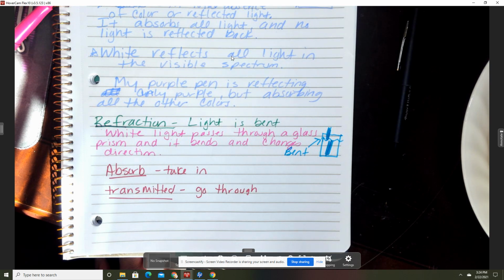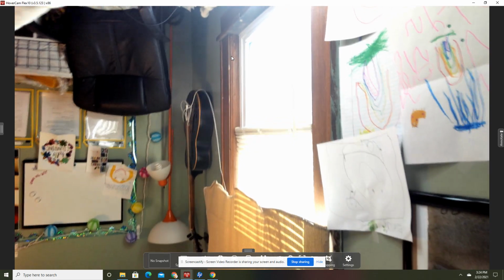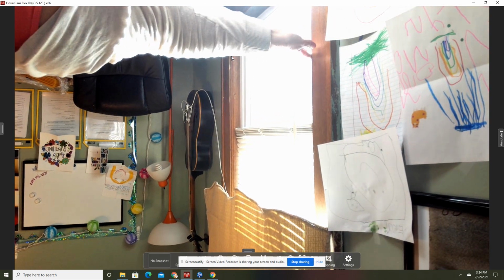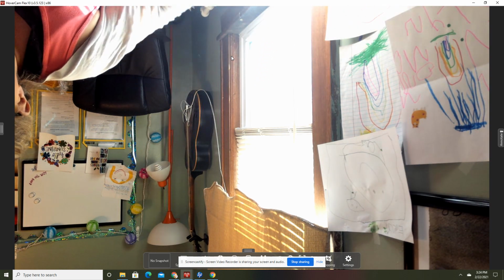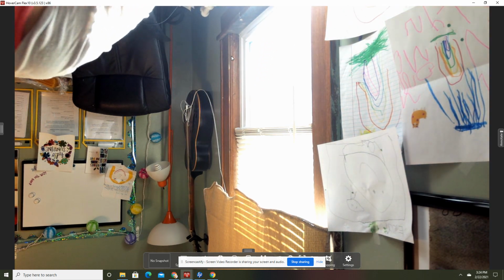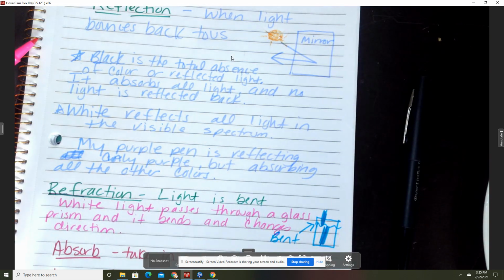And then also transmitted would be like, I'm upside down, but my glass window, see how it is letting the sun in? That is transmitted. The light is being transmitted through the glass.